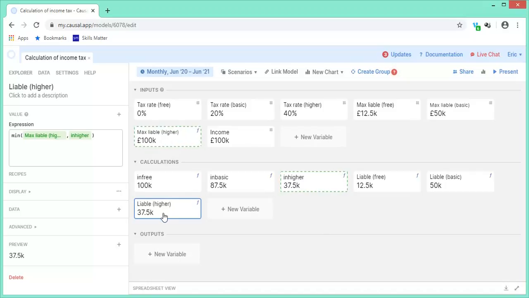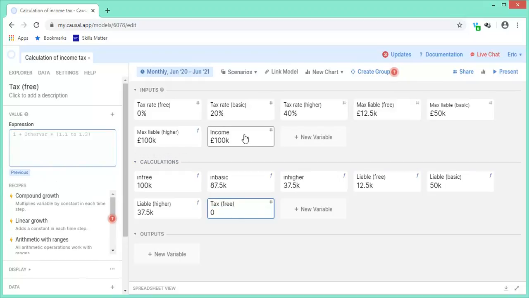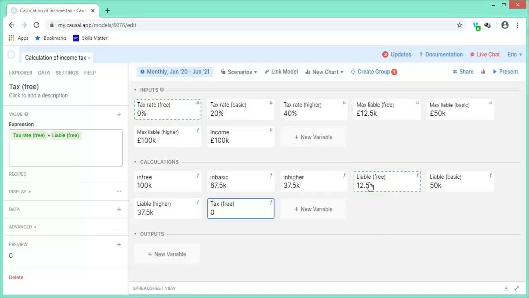So, okay, now we can calculate the tax. So the tax free will be the free tax rate multiplied by liable free, because we expect that to be 0.